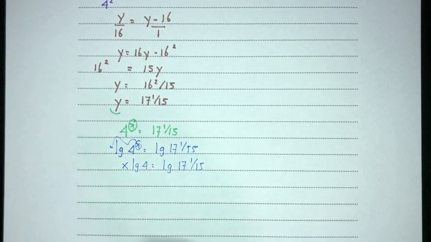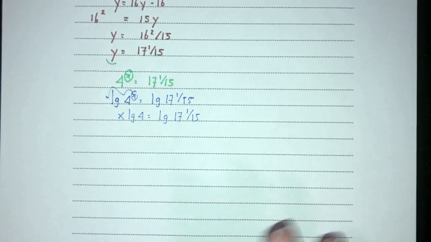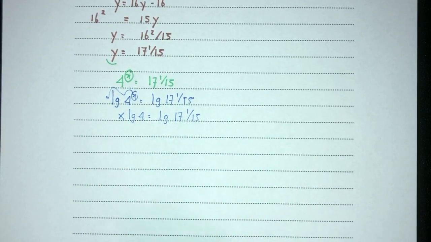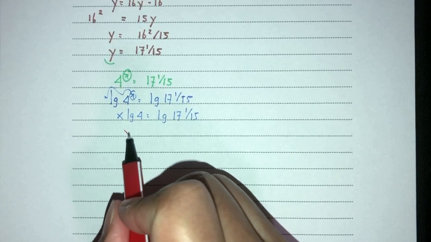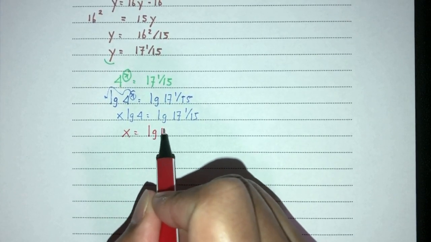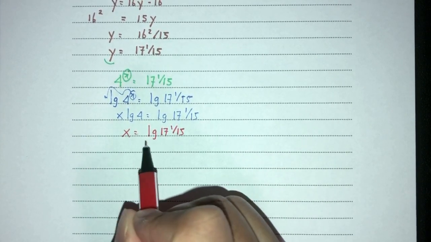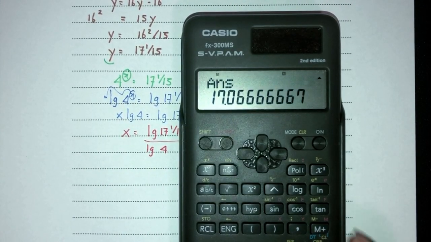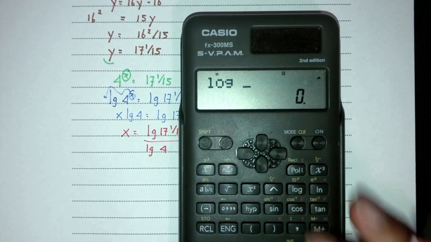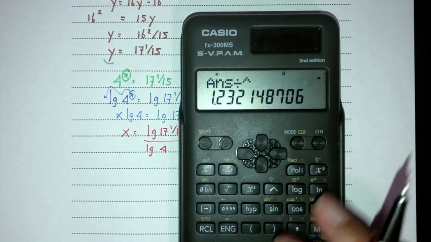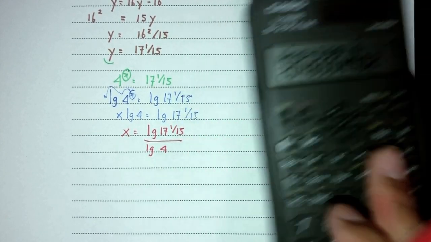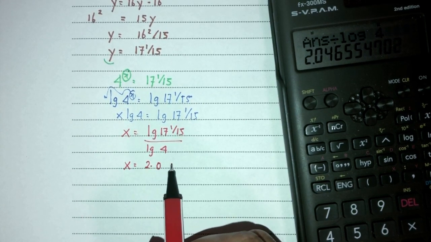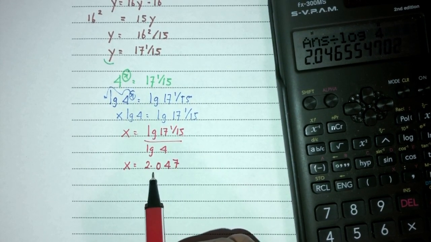Now you can choose ln or log, it doesn't really matter here. Usually we prefer ln when there's an exponential function, but here there's just numbers, so we don't really care. So x finally should be log of 17 1 over 15 divided by log of 4. So log of the answer divided by log of 4 should be 2.047, correct to 3 decimal places.